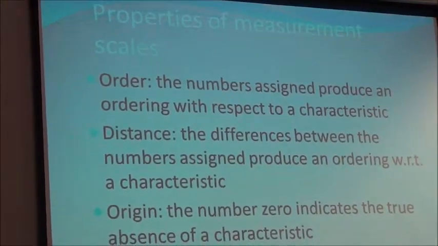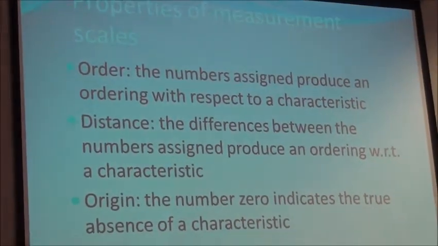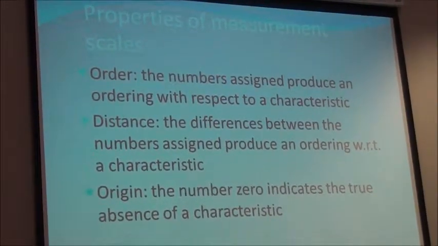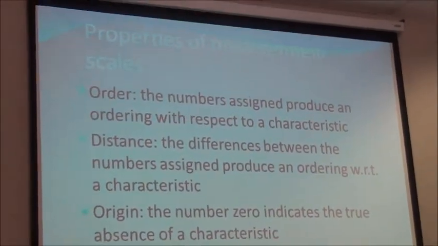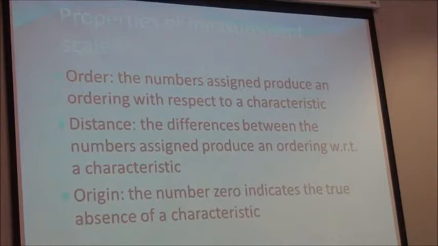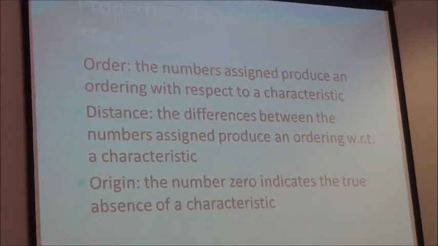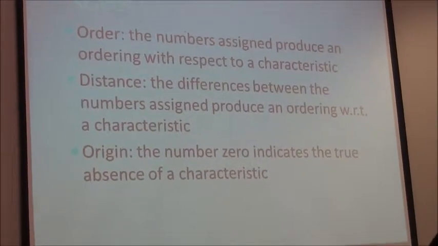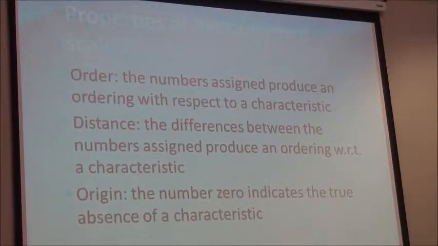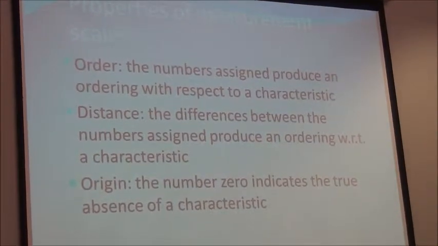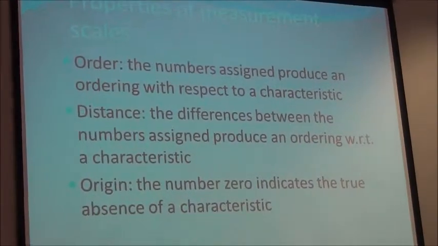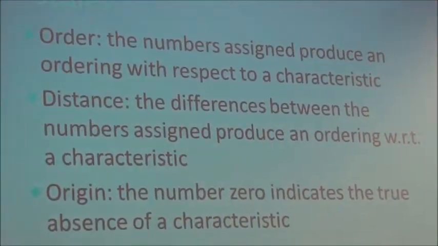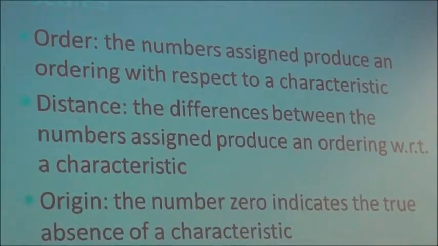Over to you. Look at measurement scales, and that's the point here in terms of the Likert scale. You look at order, distance, and origin. So what you're actually assuming in a Likert scale is that the order is from not at all to absolutely, that the distances are equal between them, so 1 and 2 and 3 and 4 and 5 have equal distances between them, and that 0 could be or could not be a point where nothing happens.